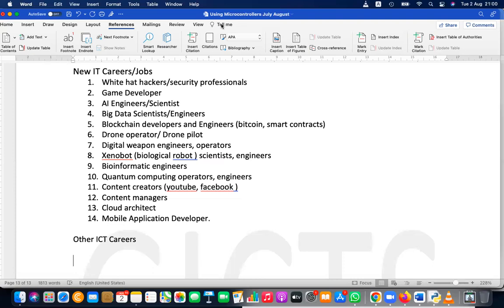Xenobots, we learn about the biological robots, not just IT scientists. People who learn biology and are interested in learning earth science, biological science, about living beings, they are also into these groups, engineering class. So xenobots. Then bioinformatic engineers.